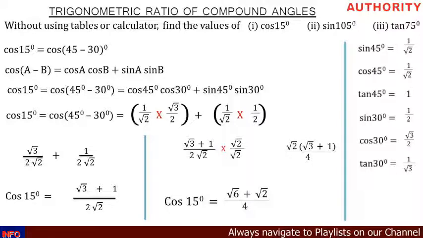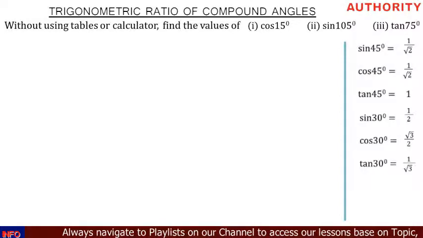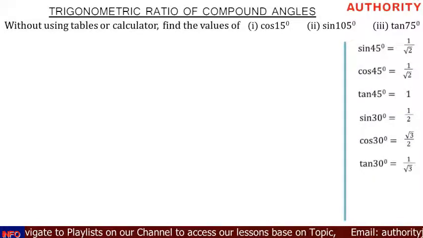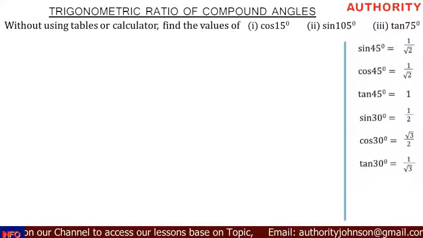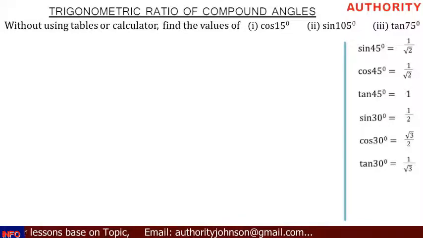Yes. Now let's go. Number 2. We say sine 105 degrees. What can we do to find this sine 105 degrees? When we think very well, we discover that 60 plus 45 degrees is going to give us 105.